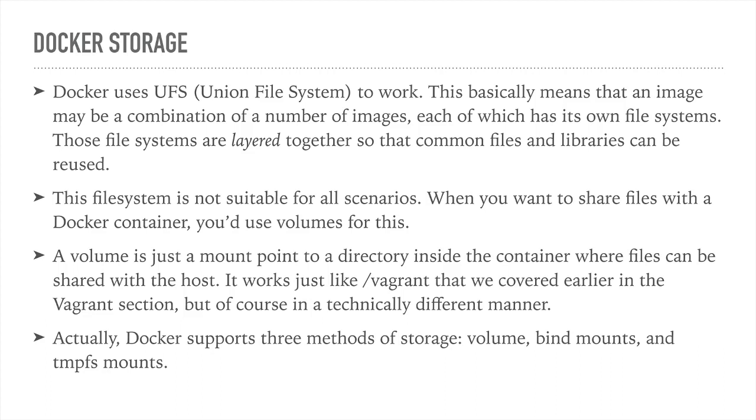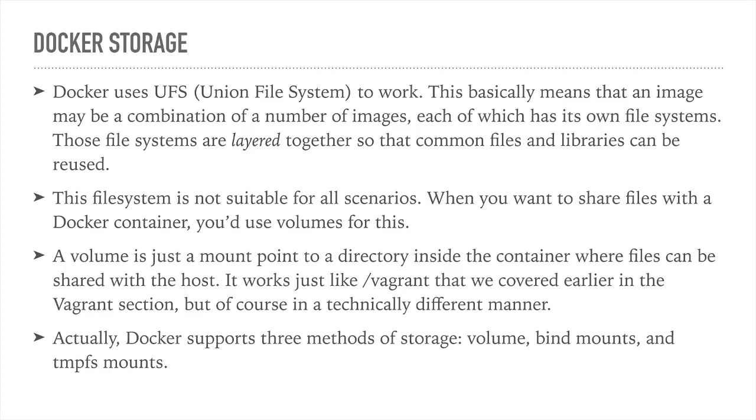So in order to save space and in order to boost performance, the file systems from the base image, or from the Debian image, are shared with the new image. So think of it as a stack of layers that are placed on top of each other, with those layers belonging to different images. And the last image, or the image that the user is working with, is a combination of all those layers.